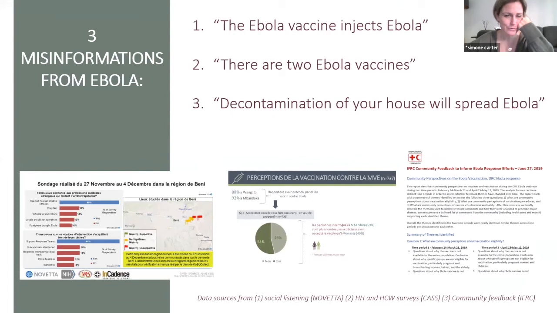The second was that there were 2 vaccines. And the third was that decontaminating your house will spread Ebola. And so these were rumors that were dismissed as rumors, that everybody was like, oh, another rumor. And they were coming up, on the left, with Novetta, who was doing social listening. They were coming up in representative healthcare worker surveys and household surveys that the CAS was conducting in the middle. And they were coming up on IFRC feedback.